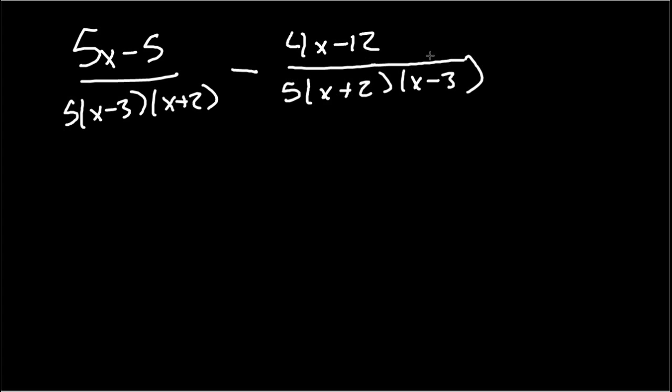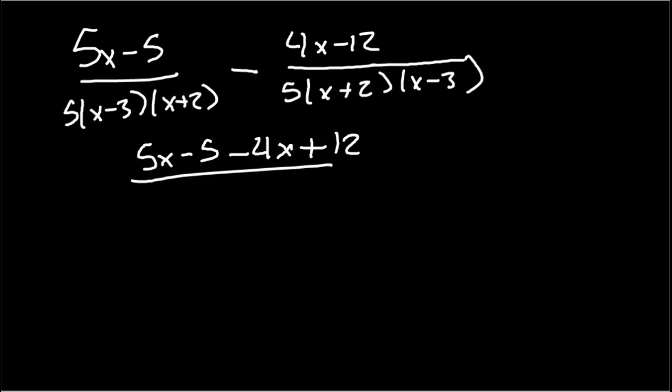So now what we have to do is distribute this negative into each term up here in this numerator. Okay? So we're going to subtract the top and keep the bottom. So we've got 5x minus 5 minus 4x plus 12, because two negatives always make a positive. And this over our factored form, or our least common denominator.